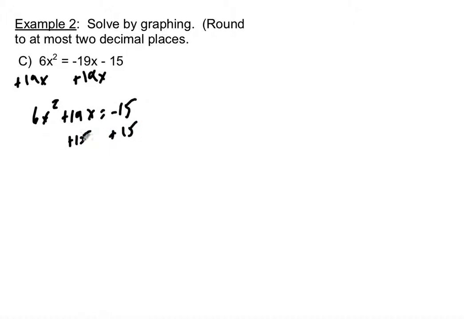There's nothing to combine it with. So now I'm going to graph that out on my graphing calculator. I'm going to graph out 6x squared plus 19x plus 15. So I'm going to enter that into my graphing calculator again, so let's do that.